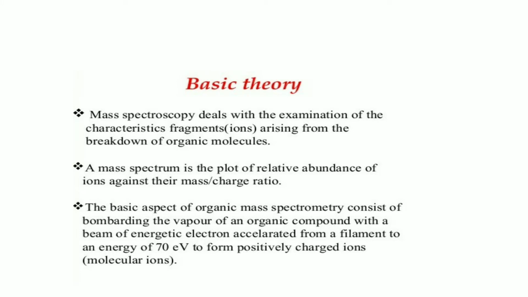Here mass spectroscopy deals with examination of characteristic fragments, that is the ions, arising from a breakdown of the organic molecule. From the breakdown of the organic molecule, there is a formation of a positive ion. And in mass spectroscopy, we examine only the positive ions.